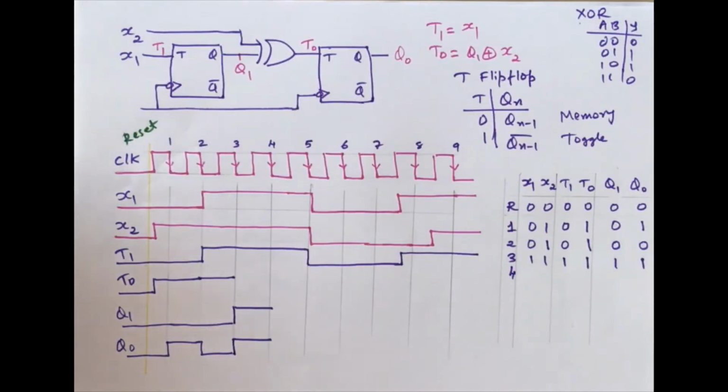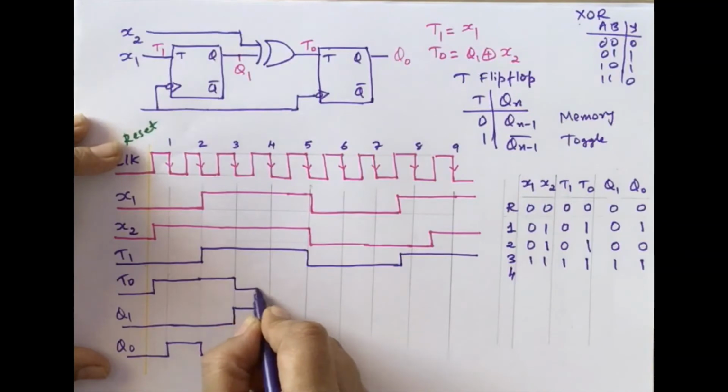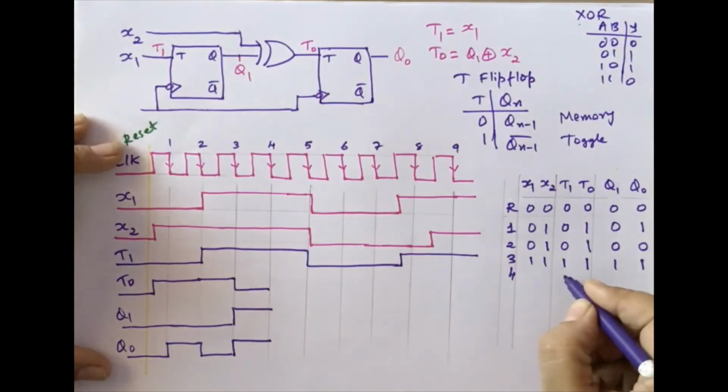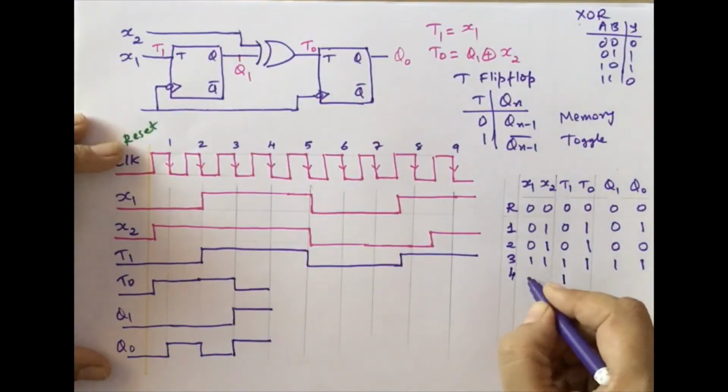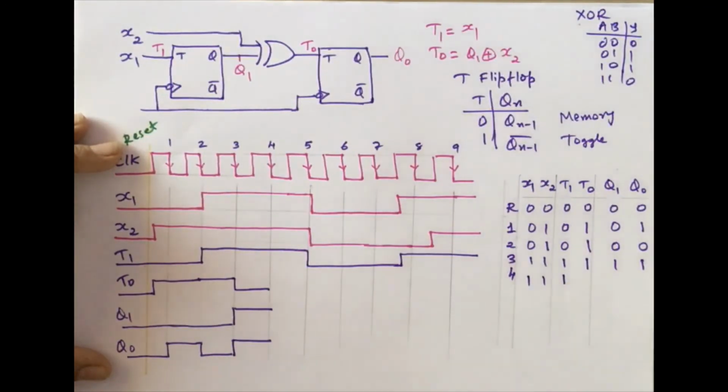The moment Q1 is changed, T0 also will change because Q1 is 1 and X2 is also 1, which will result in T0 as 0. So before the fourth clock pulse, T1 is 1, as X1 is 1, X2 is also 1, but T0 is 0.